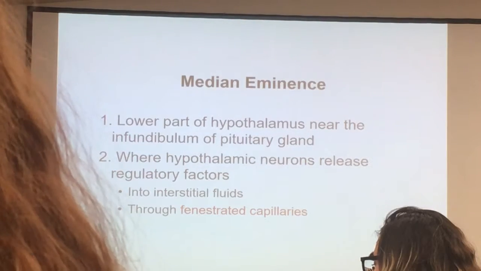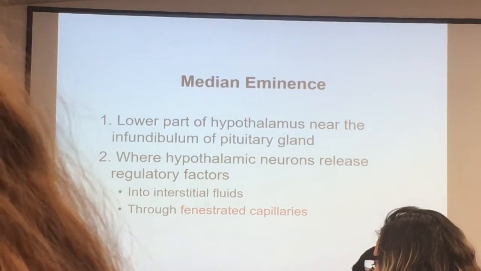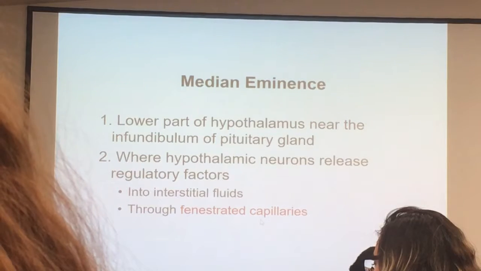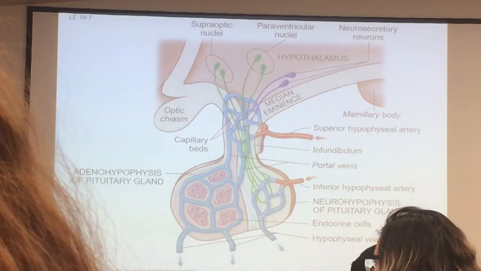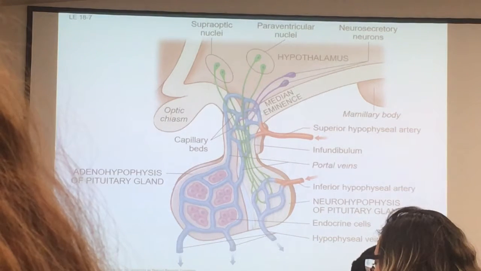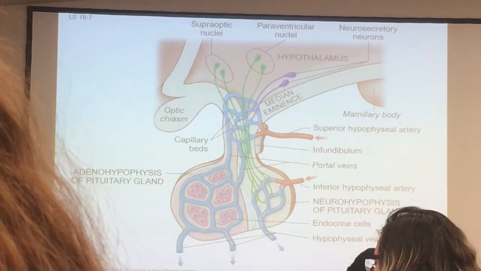And how do they go through the blood circulation? They go through this fenestrated capillary, and then through the portal veins, the hypophyseal portal veins go down. And it looks like this. In this area, the capillary is fenestrated capillary.